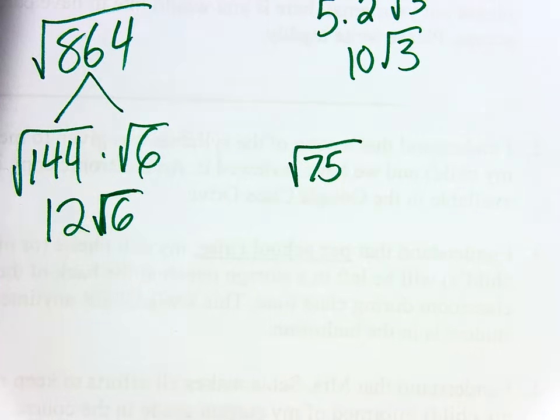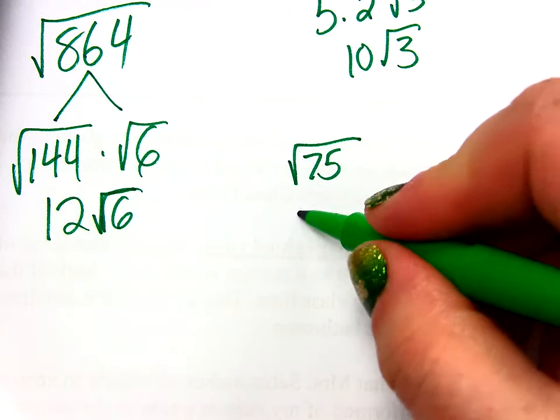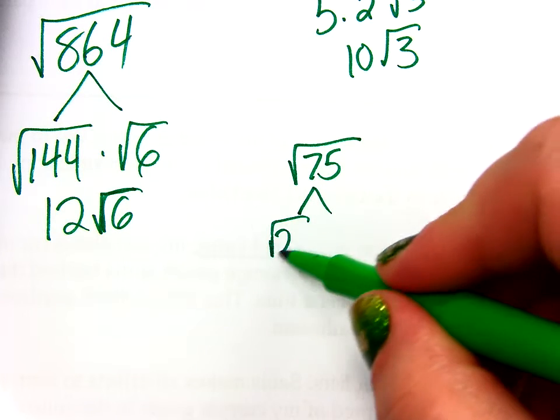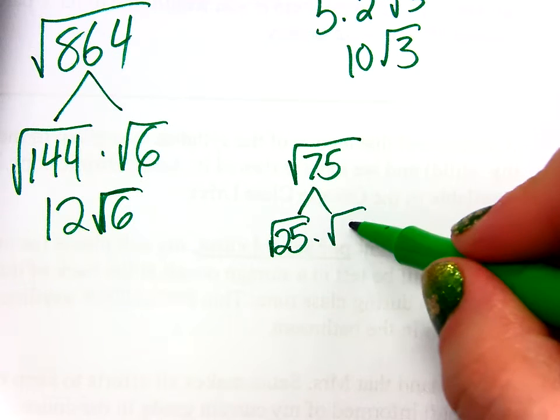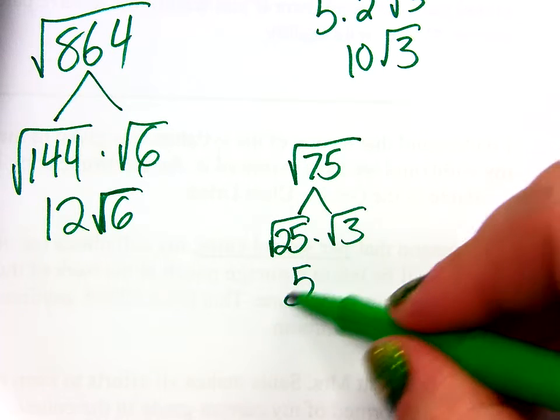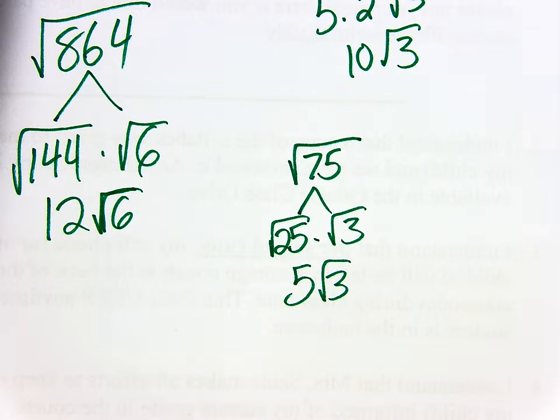Thanks. Did you get it? You got it. Biggest perfect square that goes into 75 is 25. So I get 5 root 3 in the end.